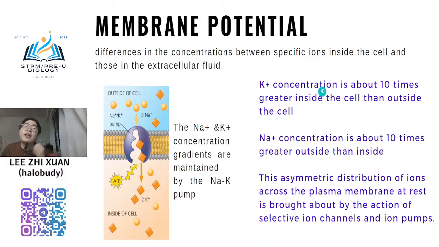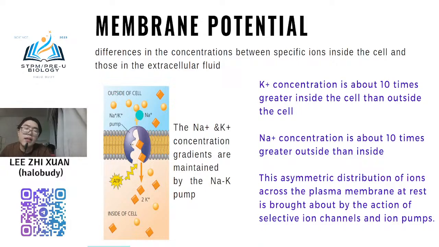If you still remember, when there is an electrical charge difference between two regions, a potential difference or voltage will be formed. So membrane potential is actually voltage. Membrane voltage is the difference in concentration of specific ions inside the cell and outside the cell.